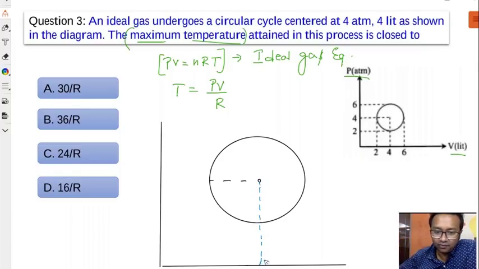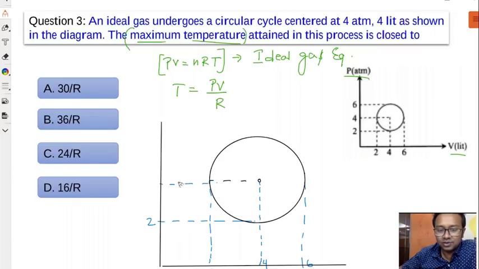This is 4 units, this is 6 units, and this is 2 units. Similarly, students focus here, 2 units, 4 units, and here this is 6 units. What is the radius of this graph? This is nothing but 6 minus 4, that is 2.